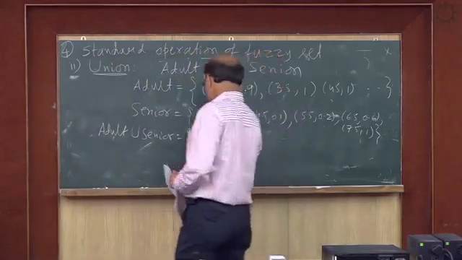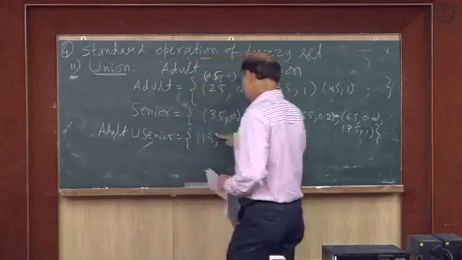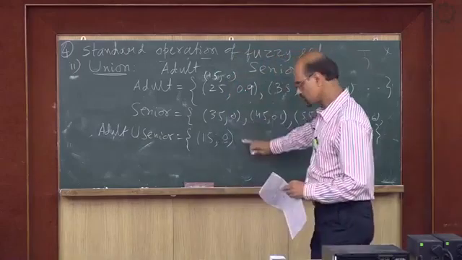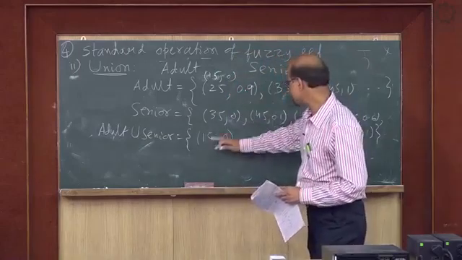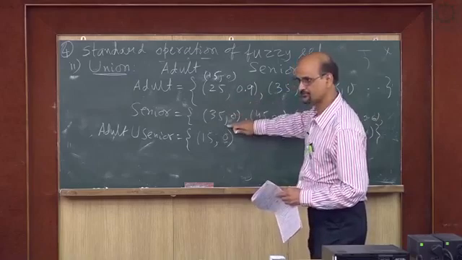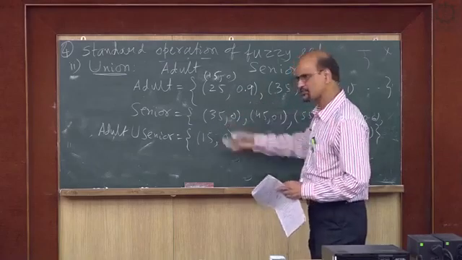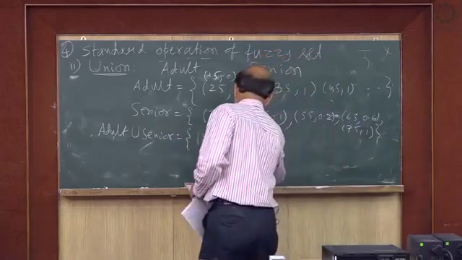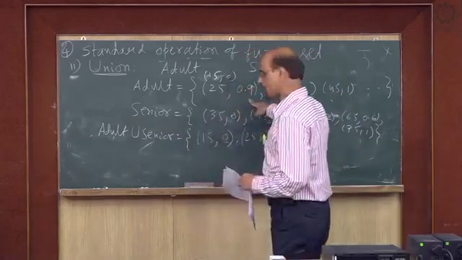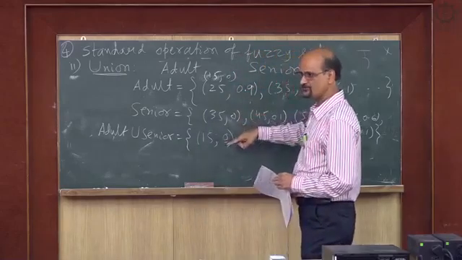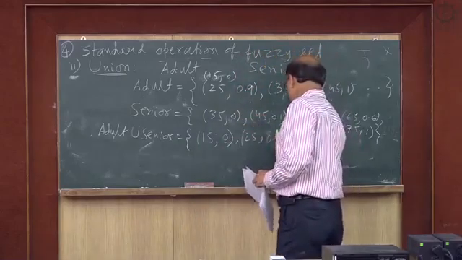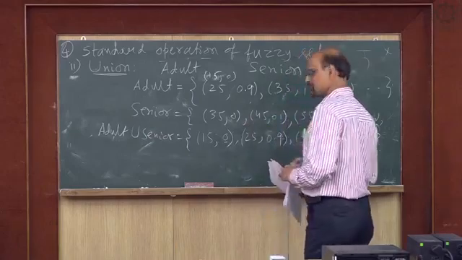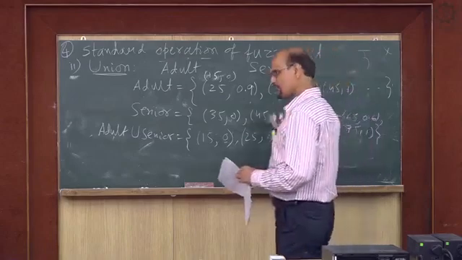So, I can write this 15 0, or you can remove this, you may not include this, you start from maybe 25 also. So, let us take 15, then 15, after 15 it is 25, 25.9 and here it is 0 actually. So, I will take 0.9, 35 it is 1, okay, 45 1.